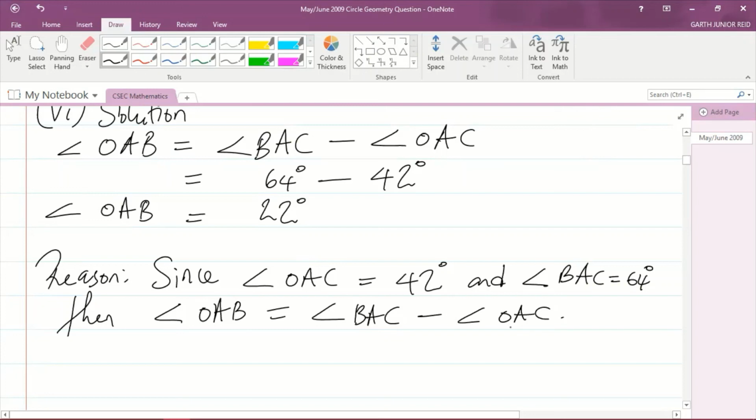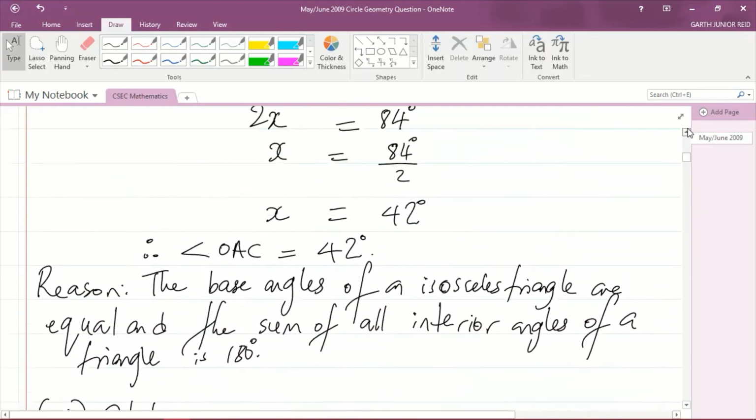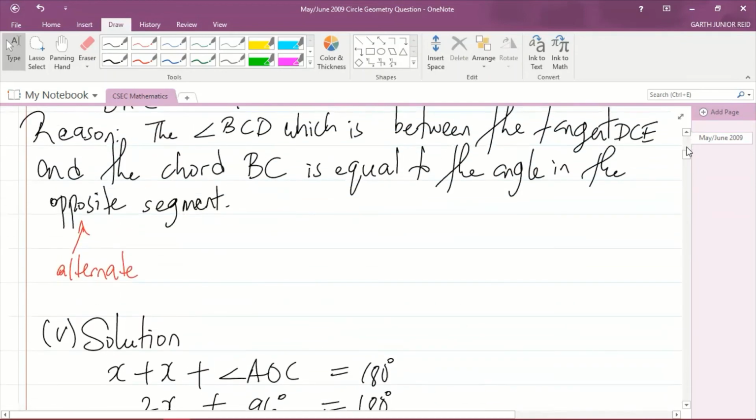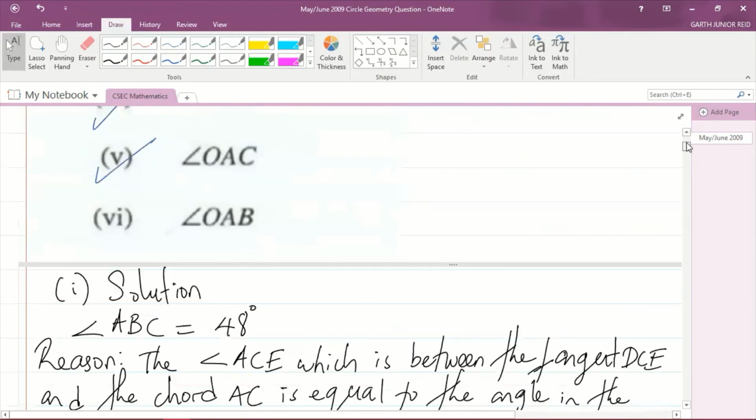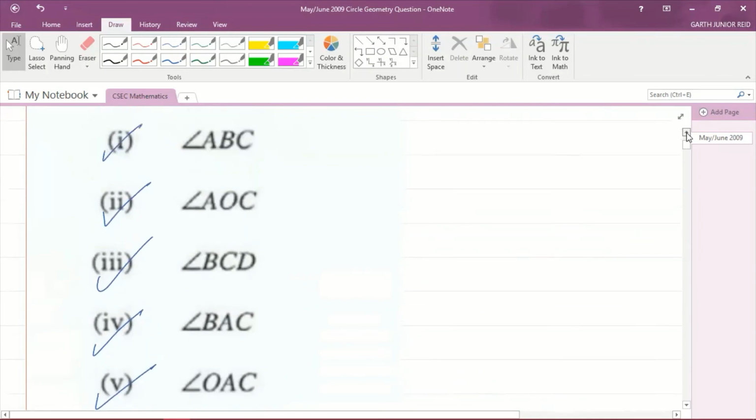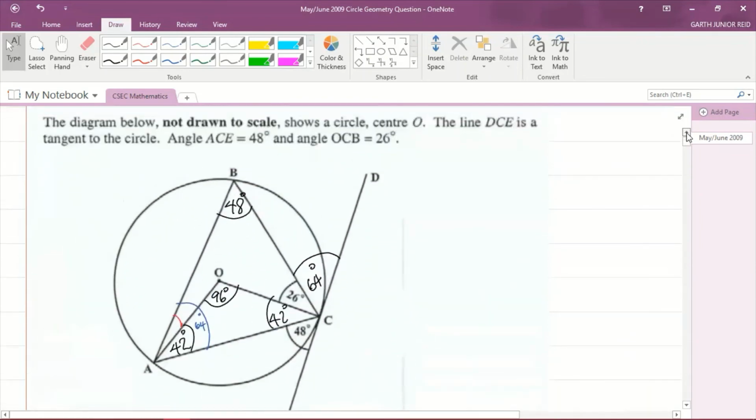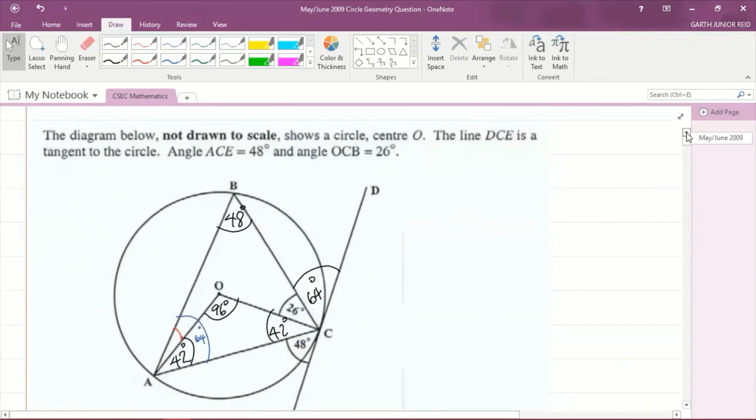So I'm just going to write that as my statement. Good. So we have now completed the final part of the question here, part 6. So that is our solution. That is 64 degrees there, and our angle here in red is 22 degrees. That angle there is 22 degrees.